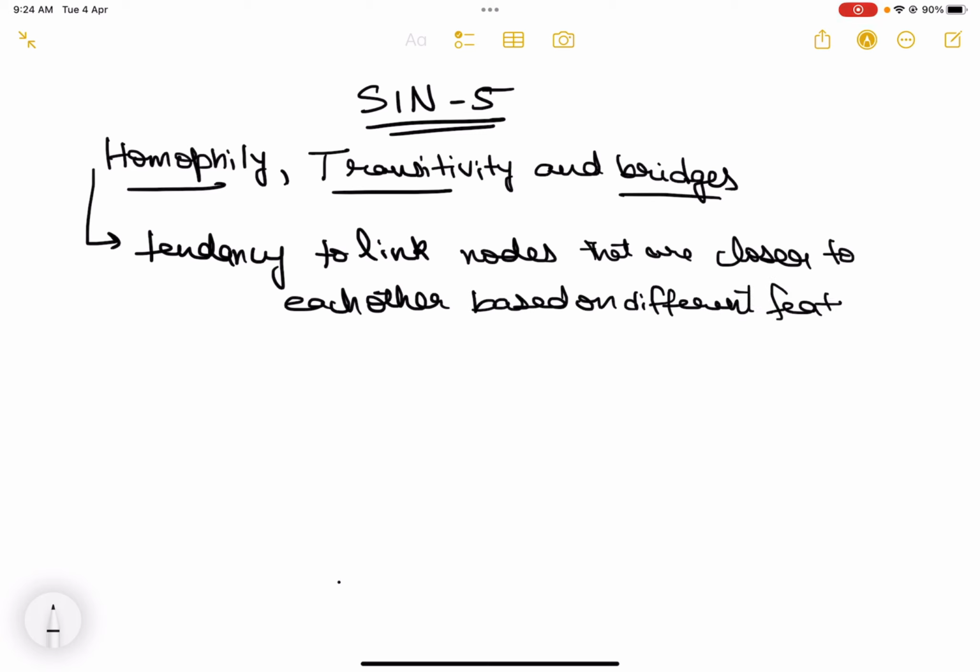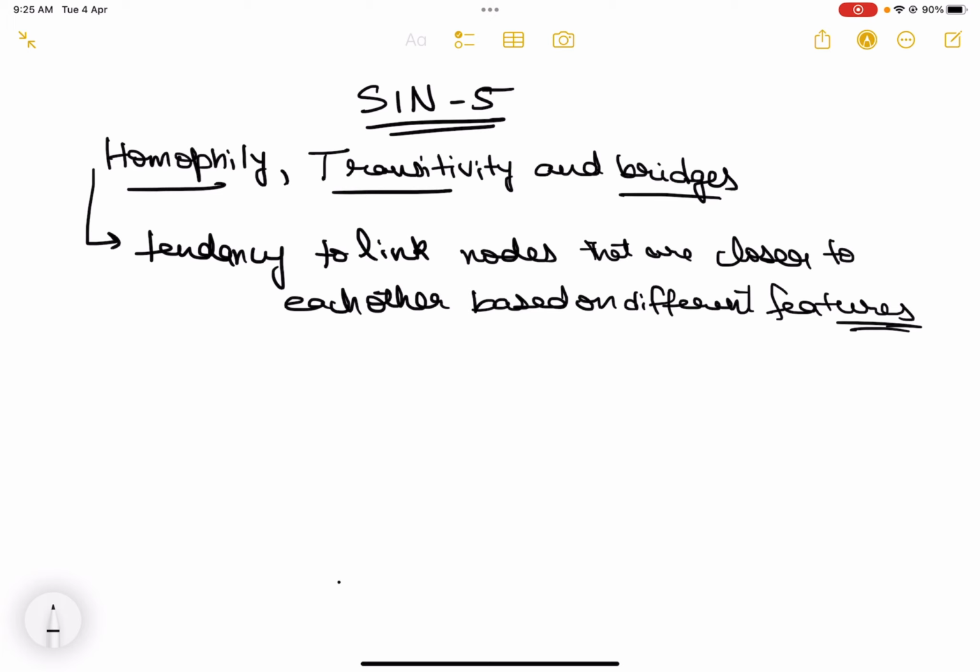If it's humans, you can have so many different features. It may be status, it may be income, it may be where they belong to, which state, which country, or what their interests are, or what they believe in. So basically, based on different features, how far they live from each other, we may tend to link the different nodes that we have.